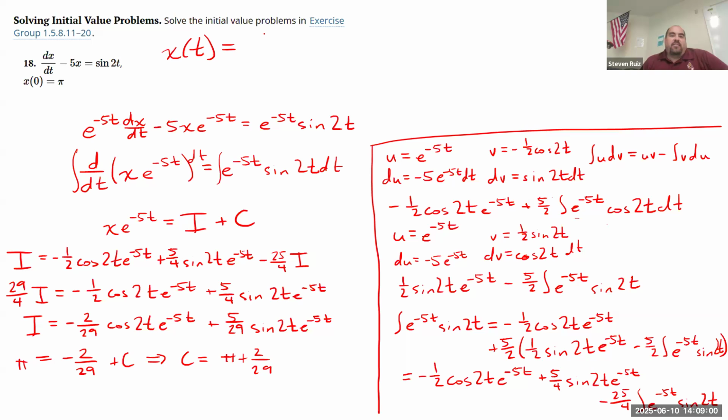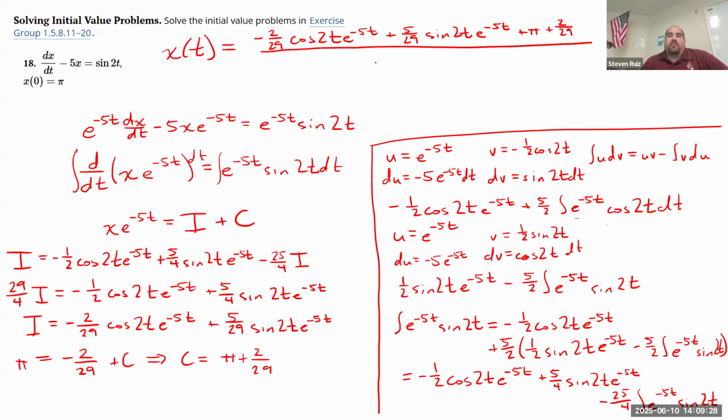So negative 2/29 cosine 2t e to the negative 5t plus 5/29 sine 2t e to the negative 5t plus c, so plus pi plus 2/29, all over e to the negative 5t.